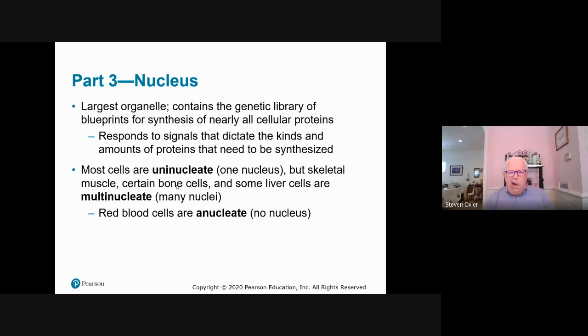The majority of cells in your body have only one nucleus. Some cells have more than one. The only cell in your body that has no nucleus is a red blood cell, because a red blood cell doesn't need a nucleus. The red blood cell's only function is to transport gas.